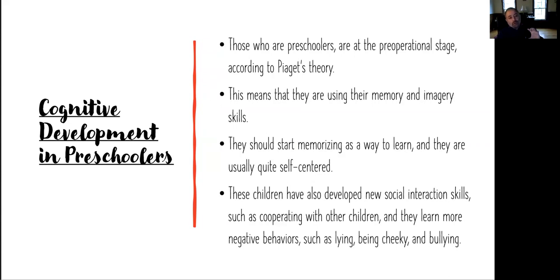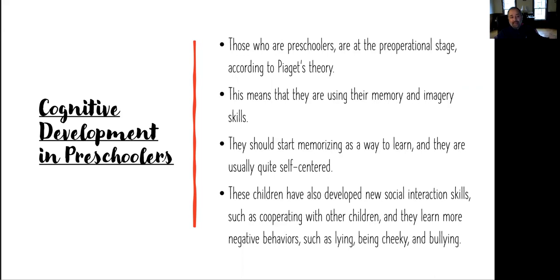Now we're moving into the preschoolers' age. Those who are preschoolers are at the pre-operational stage, according to Piaget's theory. This means that they are using their memory and imagery skills. So they should start memorizing as a way to learn, and they are usually quite self-centered.